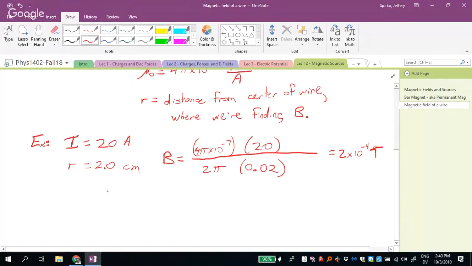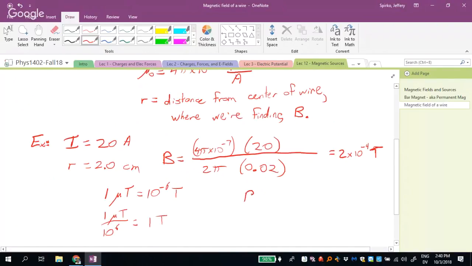Now remember that 1 microtesla is 10 to the minus 6 teslas. At the top of the equation sheet, there's a line that has all the SI prefixes that we find important. One of them's micro. Micro is 10 to the minus 6. So that means that 1 microtesla over 10 to the 6 is 1 Tesla.